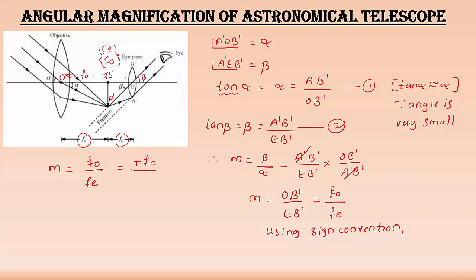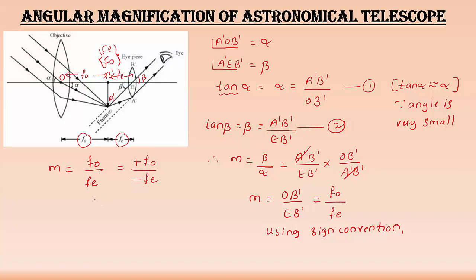But FE, that is the focal length of the eyepiece, is measured opposite to the direction of the incident ray. Incident rays are traveling from left to right, but we are measuring FE from right to left. So it is exactly opposite to the direction of the incident ray, so we can write it as negative.